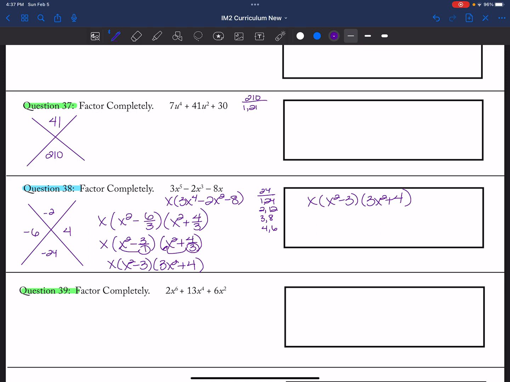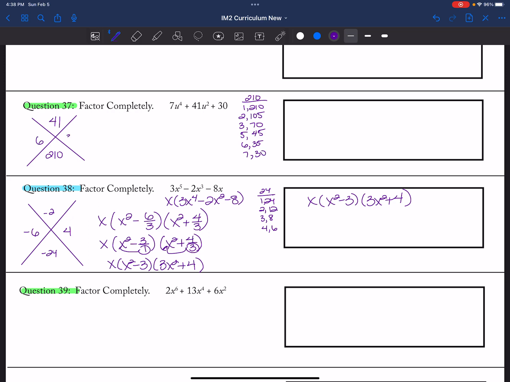Factors of 210. 1 and 210. 2 and 105. 3 and 70. 4, no. 5, yes. 5 and 45. 6, yes, I think. 6 and it goes in 3, 18. 30, so that's 5. 7 and 30. Oh, I can stop because I have 41 already.